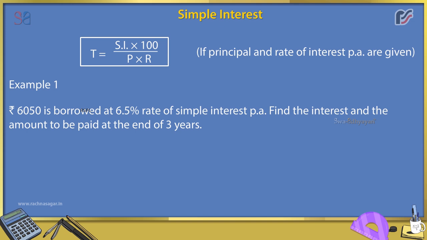Example 1. Rupees 6050 is borrowed at 6.5% rate of simple interest per annum. Find the interest and the amount to be paid at the end of 3 years. Solution. Here, P is equal to rupees 6050, R is equal to 6.5%, T is equal to 3 years.